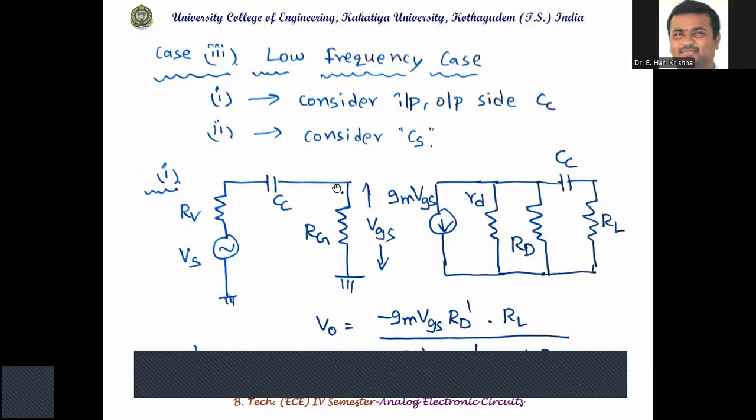The voltage across RG will be VGS, and the dependent current source gm VGS is in parallel with the internal resistance rd and the external RD, then the coupling capacitor and RL. So here V0 is equal to minus gm VGS RD dash into RL divided by the total.